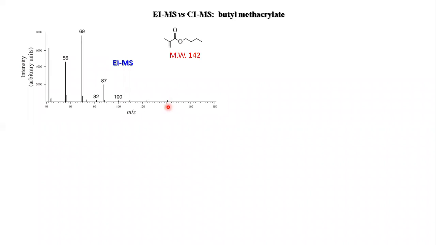But what you see is the peak at 87, quite tall. You have 69 as the 100% peak, the maximum height. And you have 56 here. So these are the prominent peaks we can find: 56, 69, 87.